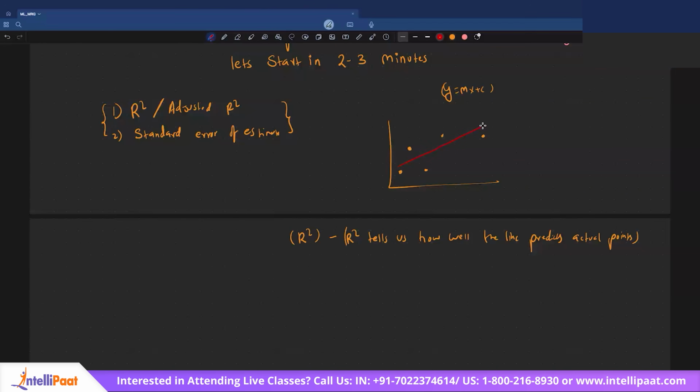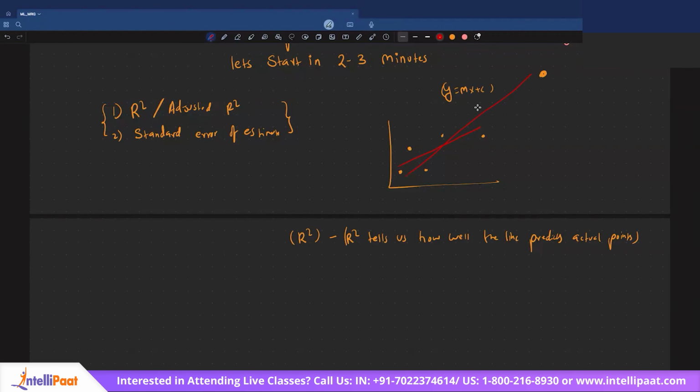The red line is my best fit line. But by mistake, if your point is somewhere here, then your best fit line would go somewhere like this. So tell me, do outliers affect the output of your linear regression model? Does having an outlier create problems? Sir, 100% it will create problems. If you don't know, I'm telling you this right now.